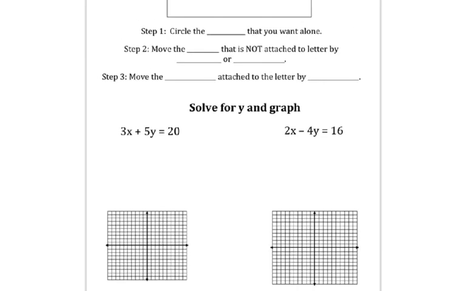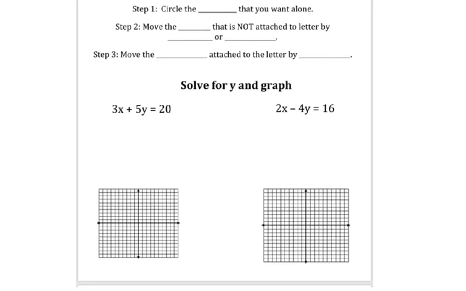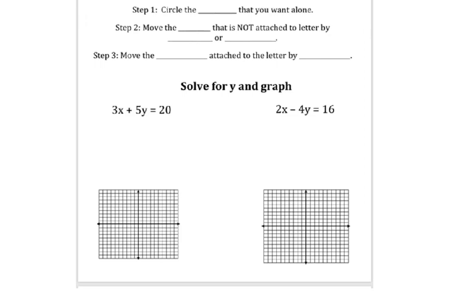Okay, step 1, circle the letter that you want alone. So it says we are solving for y. So y is the letter that I want by itself, which means I want this to move away from it and I want this to move away from it.